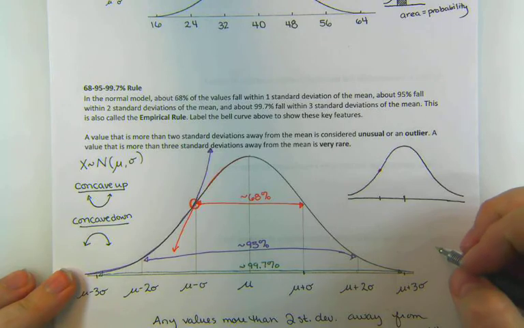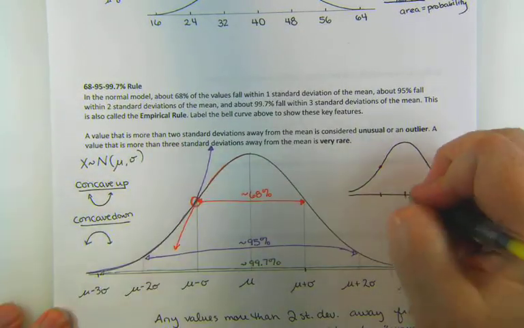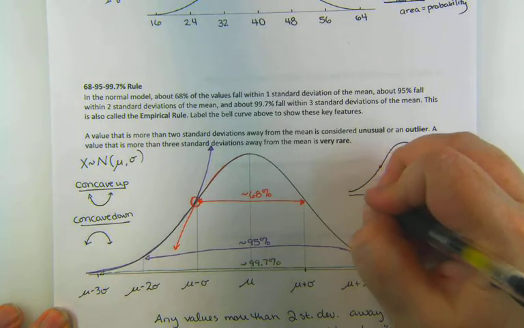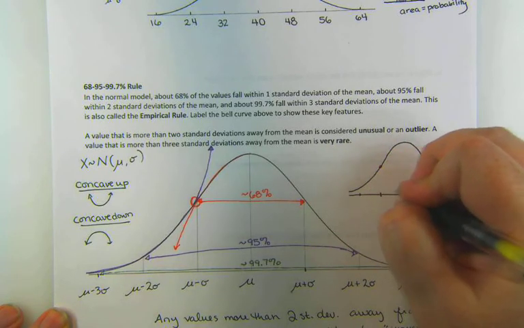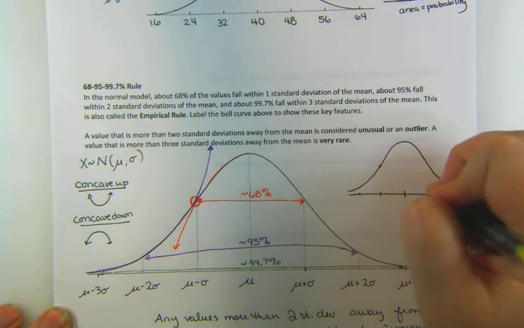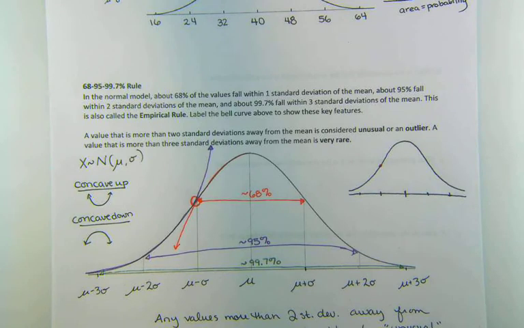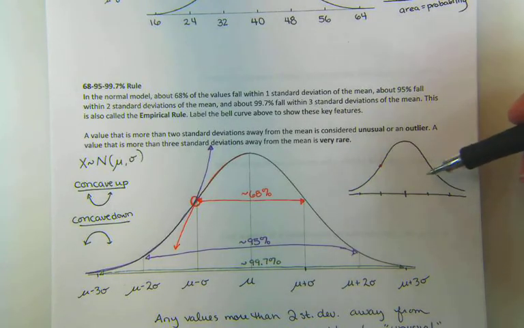It's called an inflection point. Wherever it flips, that's one standard deviation away. So if you're drawing by hand, what you want to do is visualize this changing point. Here we have concave up, here we have concave down. So about right there it's switching, which then can give me my 1 unit away for one standard deviation.